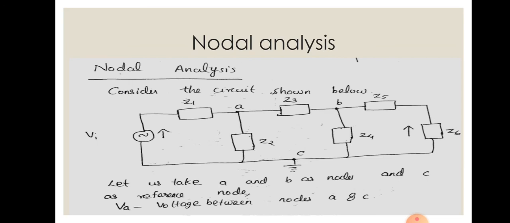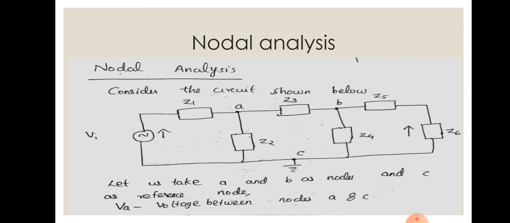If you are going for nodal analysis, you have to apply Kirchhoff's current law, and for that you have to consider each node separately. First you go for node A, and then you will go for node B. For node A, first of all you have to mark the current directions, and you assume that all the branch currents are going out of that node. Similarly in the case of B, you assume that all the currents are leaving that node.